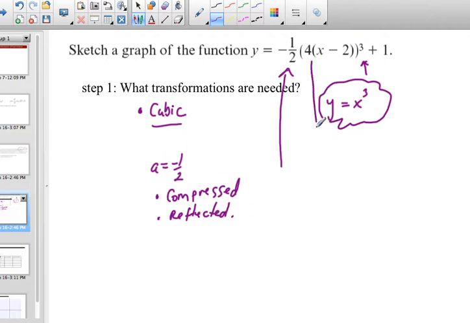Now this number here, this 4, since it's inside the calculation, and what I mean by that is there's the cubic out there, that's the calculation, that 4 is inside that calculation, and it's being multiplied around this x, the argument of the function. So the 4 is the k.